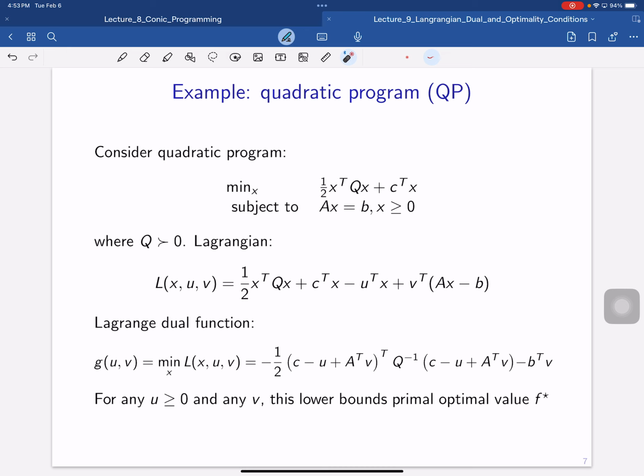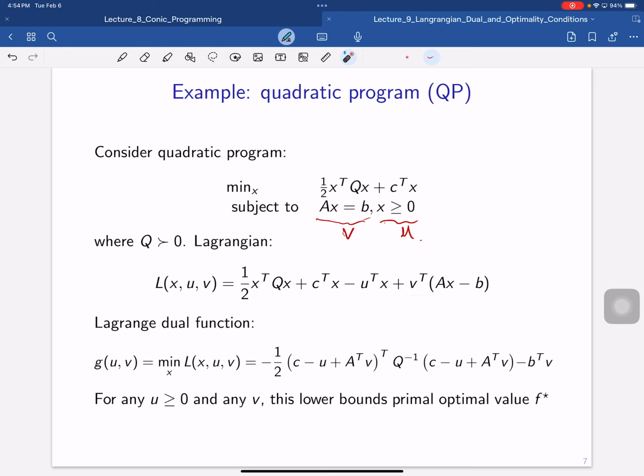And you can write down the Lagrangian as this, right? So we multiply the constraint Ax minus b equals 0 by v, and we multiply this part of the constraints by u, right? So now you get this Lagrangian here, which is minus u transpose x, v transpose (Ax minus b).